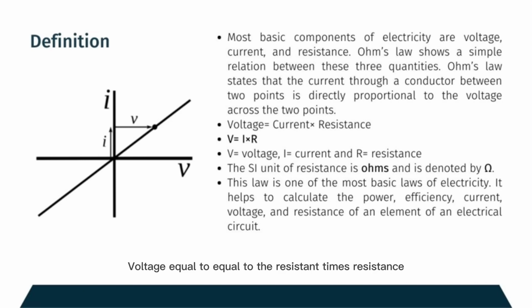Voltage equals current times resistance, or V equal to I times R, where V is voltage, I is current, and R is resistance. The SI unit of resistance is ohms and is denoted by the symbol Ω. This law is one of the most basic laws of electricity. It helps to calculate the power, efficiency, current, voltage, and resistance of an element of an electrical circuit.